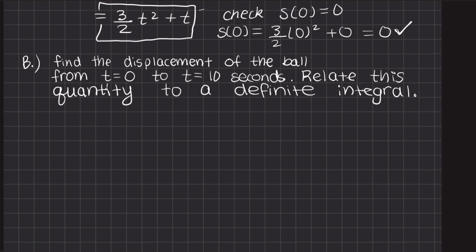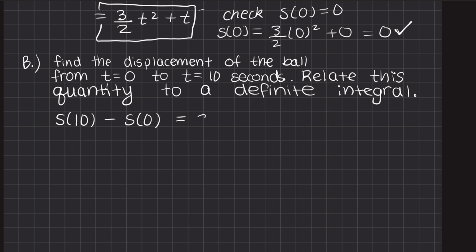The next problem, we're going to be finding the displacement of the ball from t equals 0 to t equals 10 seconds. And then we're going to relate this quantity to a definite integral. Well, we have our position function. If we wanted to find the displacement, we could go ahead and take s of 10 and subtract off s of 0, right? That's exactly displacement. And we have the function, so we can go ahead and plug it in.